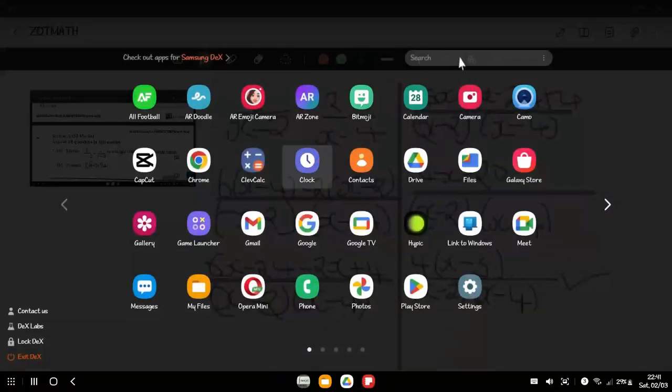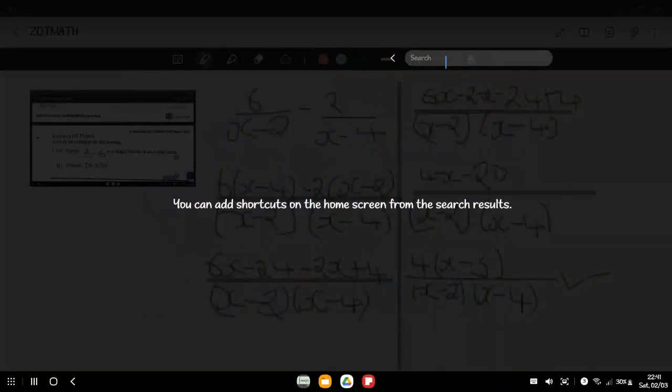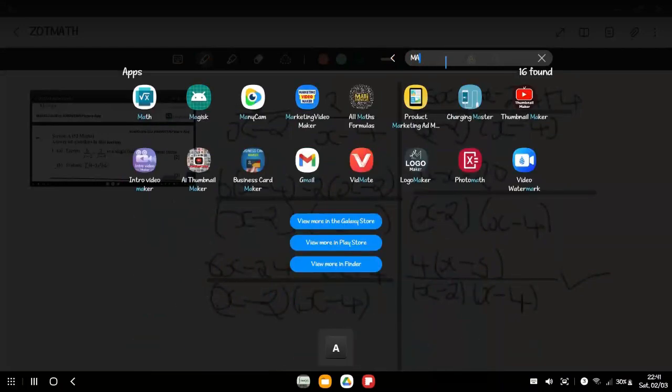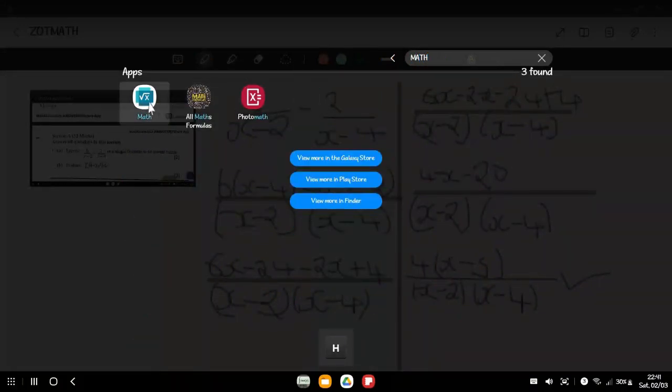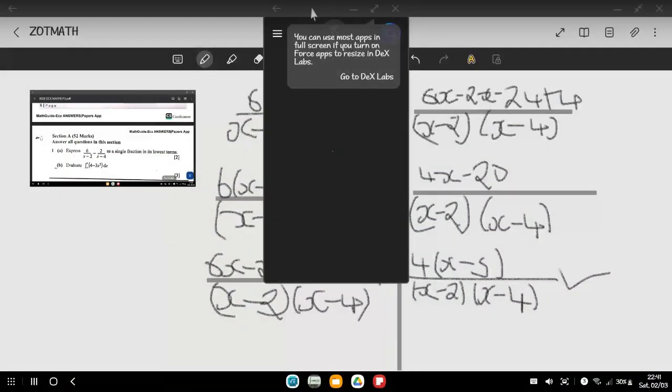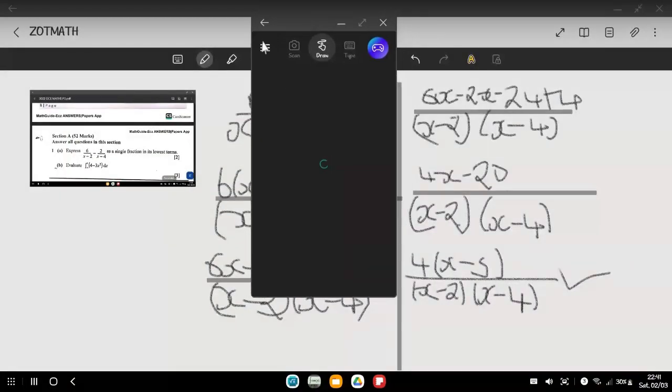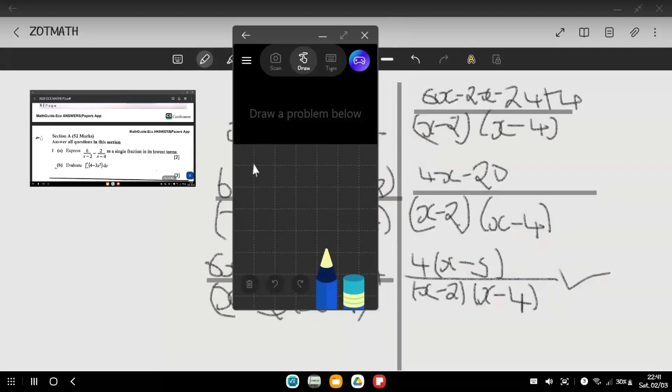To prove that, I think I have a smart calculator here, so let's see if we can utilize it. So what was our question? 6x minus... Are we together, guys?